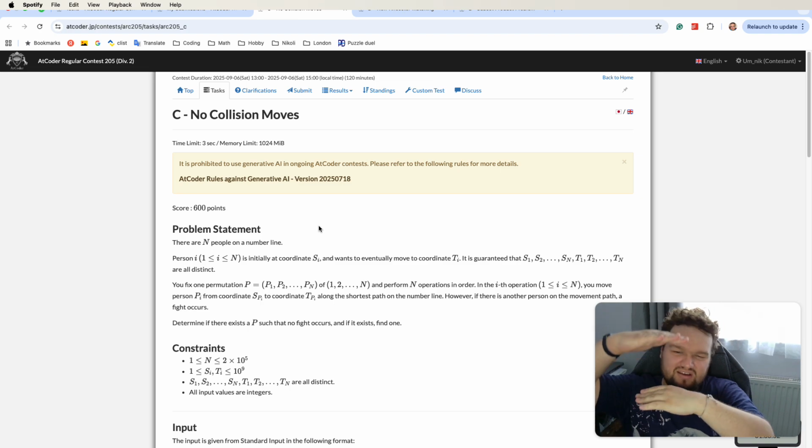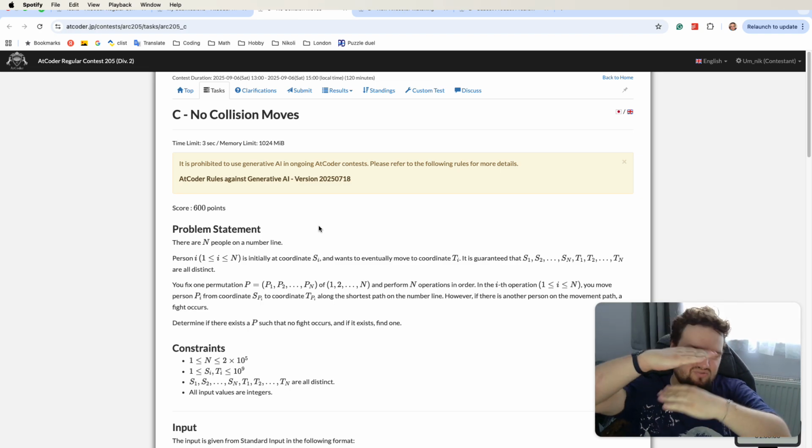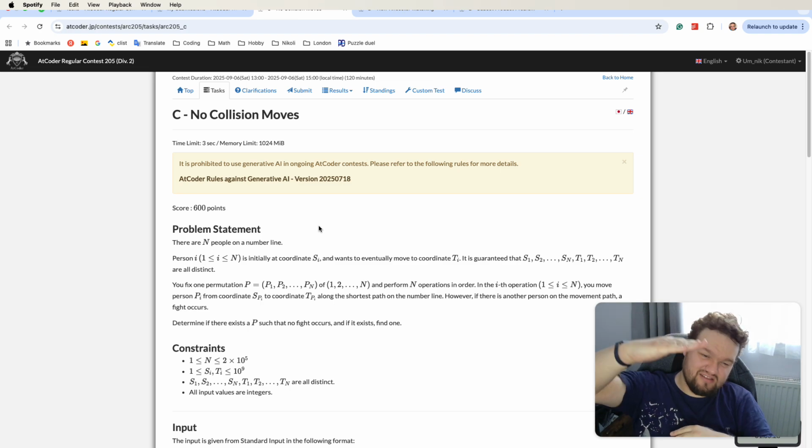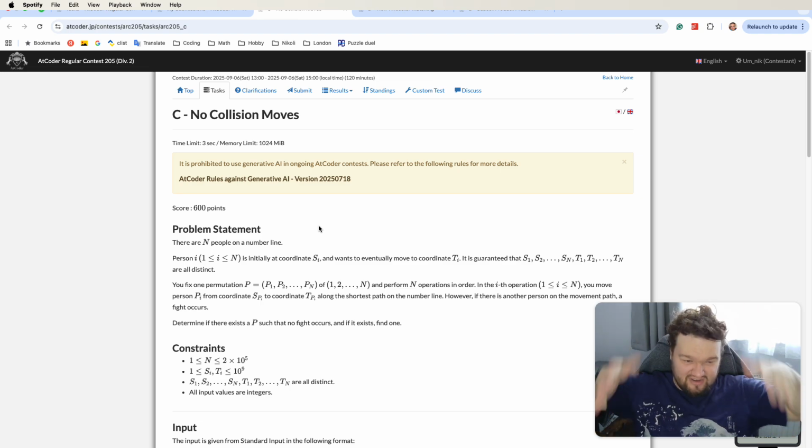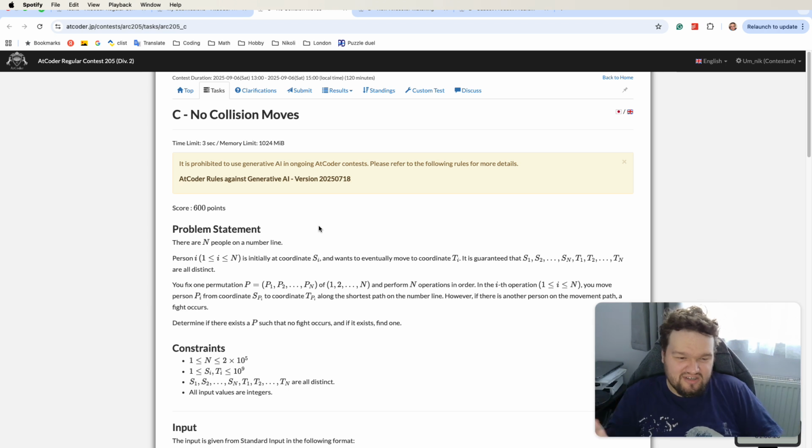If I draw it on two parallel lines, a line with all the starts and a line with all the ends, and I connect each start with the corresponding end, those segments must be non-intersecting, because if they are intersecting, then there is an inversion, and the answer is just impossible.